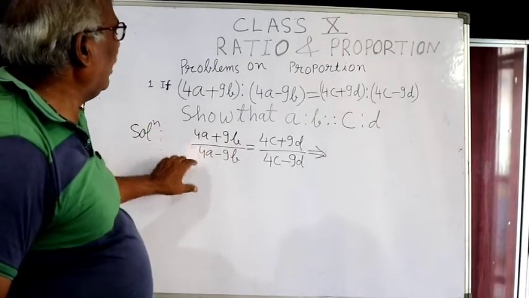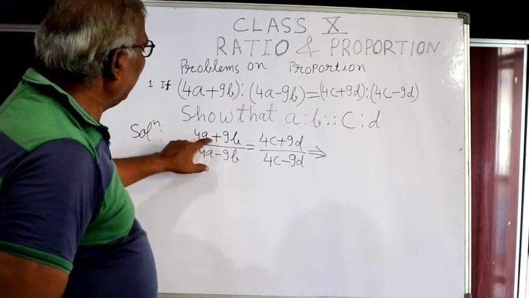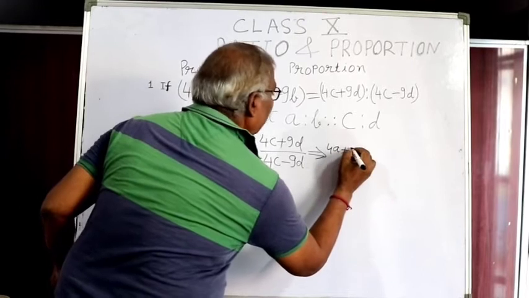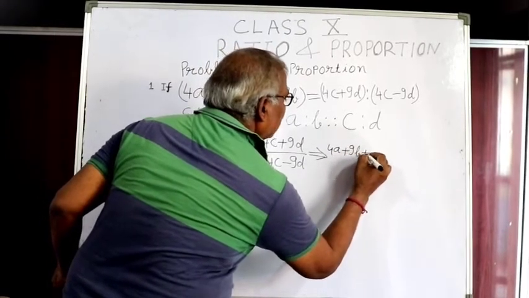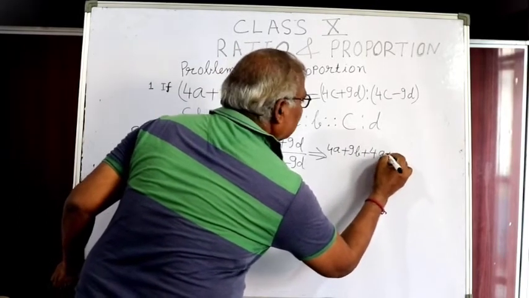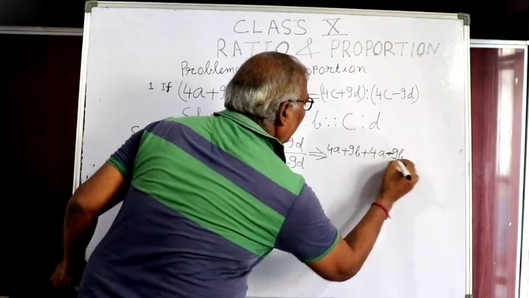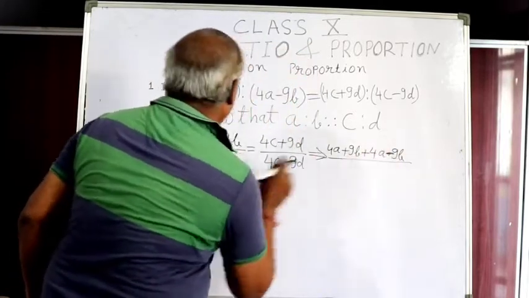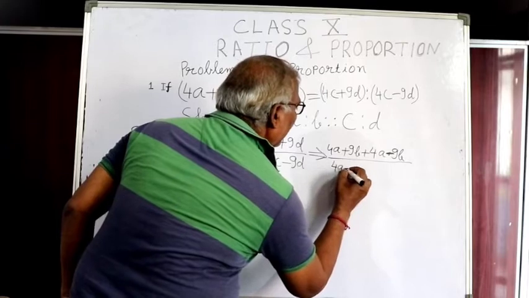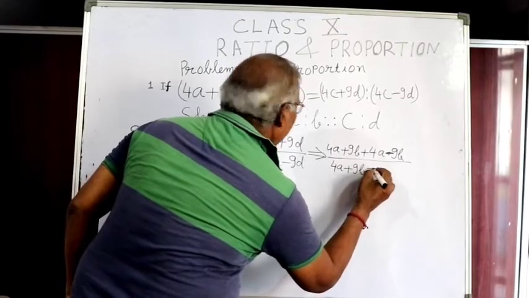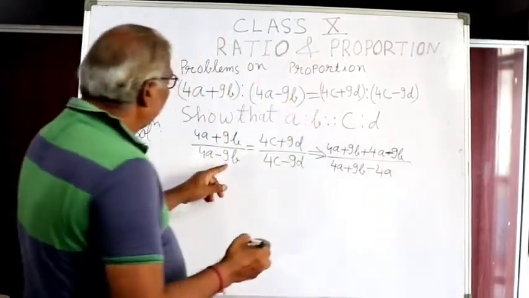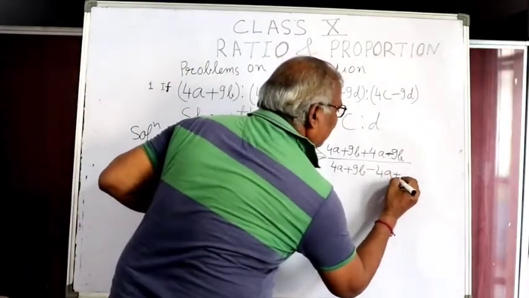Applying the componendo and dividendo rule, numerator plus denominator: 4a plus 9b plus 4a minus 9b, upon numerator minus denominator: 4a plus 9b minus 4a, and this minus 9b will become plus 9b.